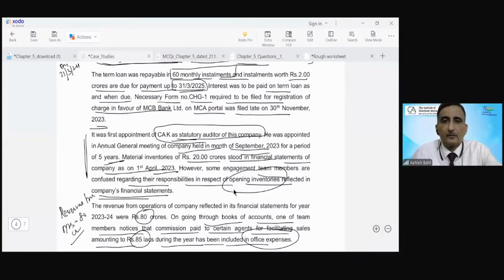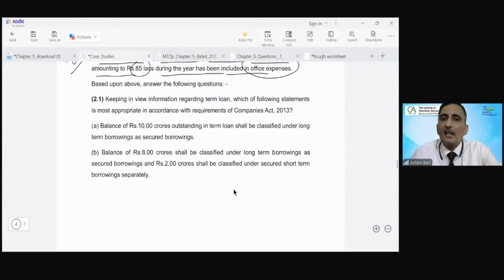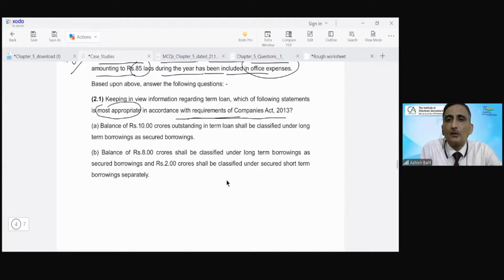Now see question number 1. Keeping in view information regarding term loan, which of the following statements is most appropriate in accordance with requirements of Companies Act 2013?